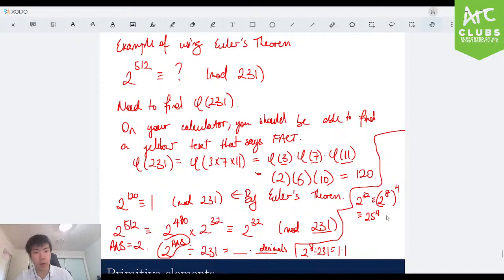So 25 to the power of 4 mod 231. You can just calculate it by brute force now on the calculator. And that should be congruent to, I'll just work it out real quick, 1691 times 231, and that's equal to 4.